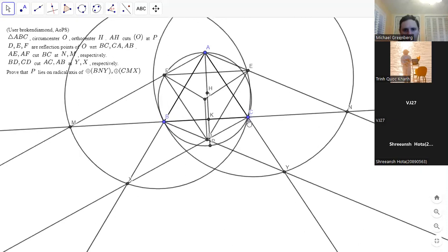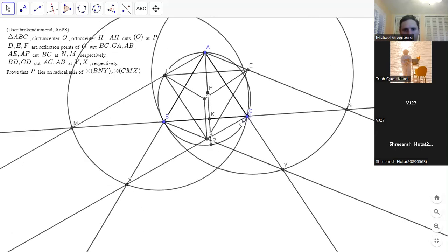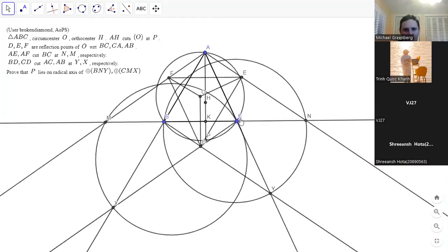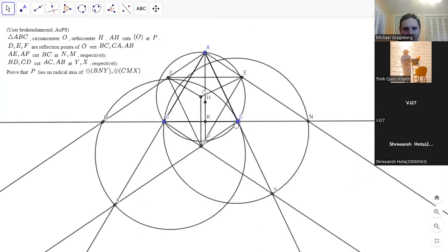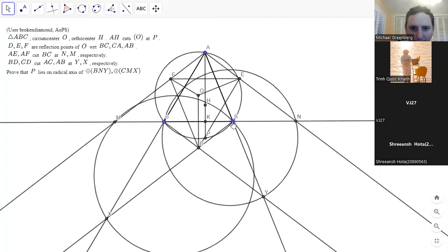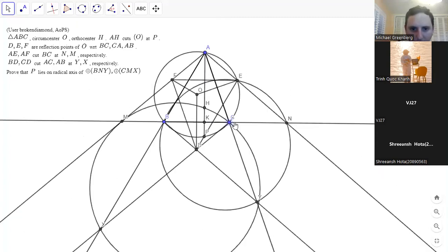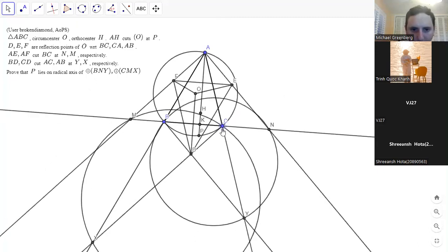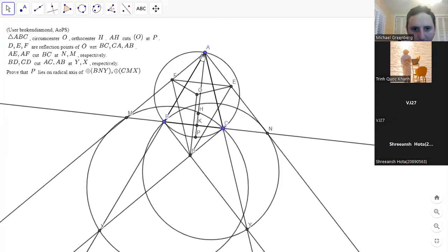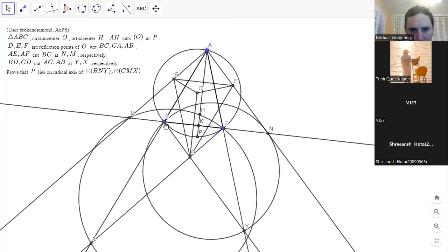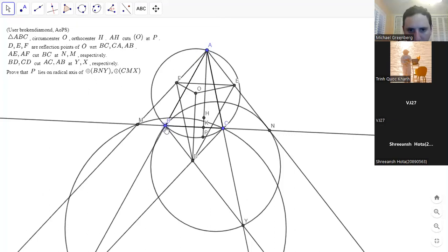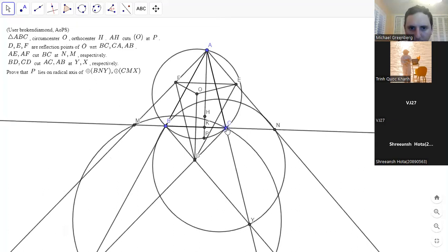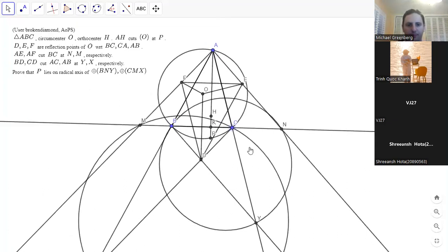Let's see, how do I make this diagram? This is an interesting diagram. It's hard to make it look that nice, but I'm going to try my best here. So if I do it a little bit like that, that looks okay, I guess.